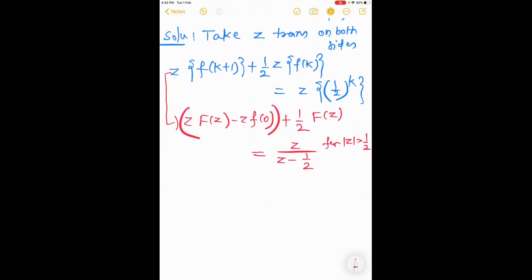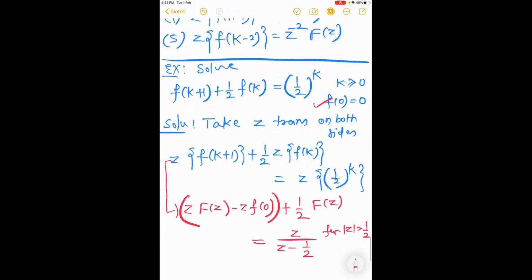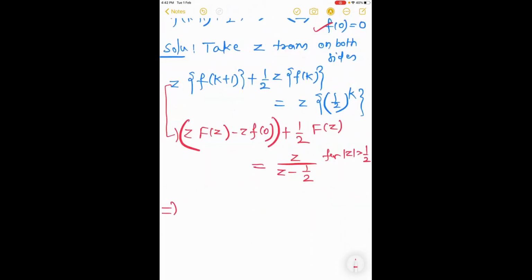Now put f of 0, which is given as 0, and collect the coefficient of F of z. The coefficient of F of z is z here and 1 by 2, so z plus half is the coefficient of capital F of z, minus z into f of 0, which is 0. The right hand side is z upon z minus half.